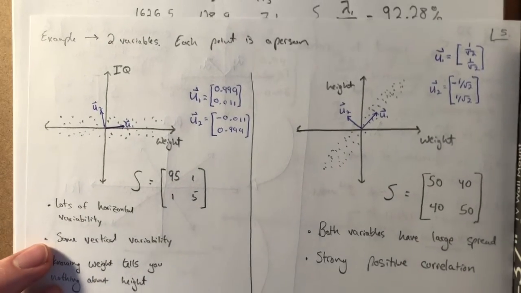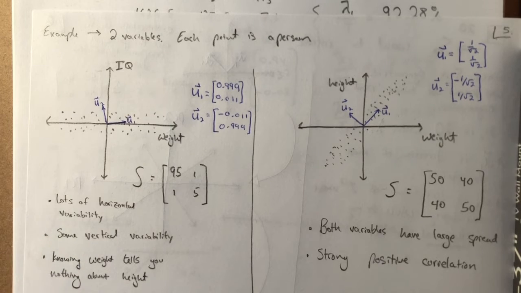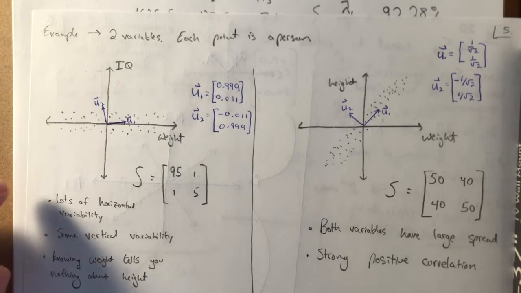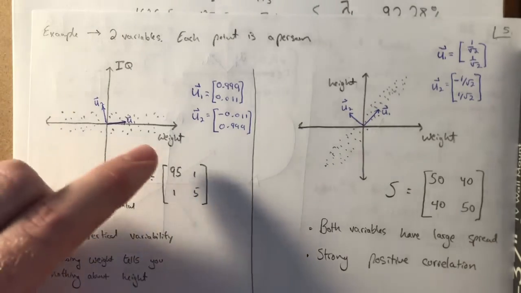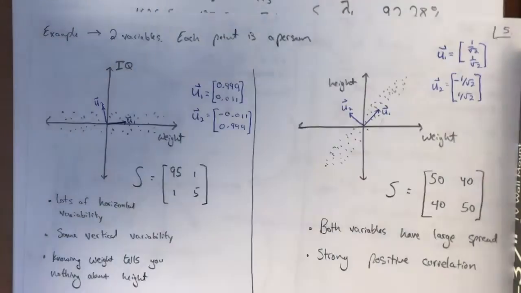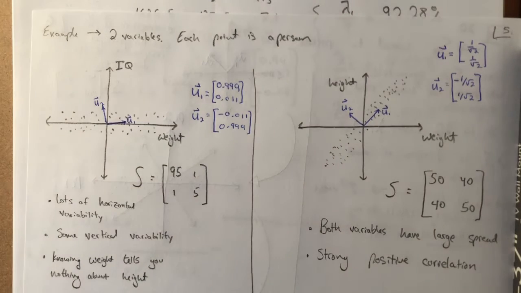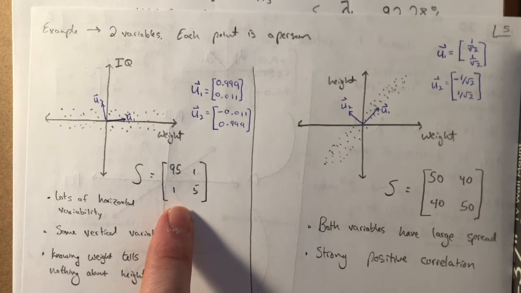So now let's do an example with two variables here. Each point is a person, and we have their IQ and weight. So we see that the weight captures most of the variability here. There's some vertical variability with the IQ, but it's not very correlated with the weight. And let's say we have our covariance matrix here.